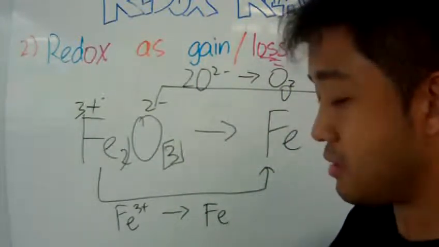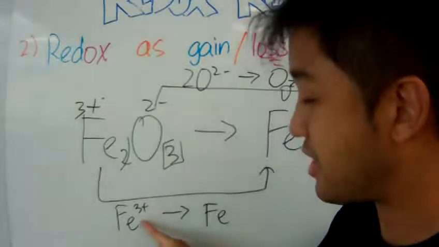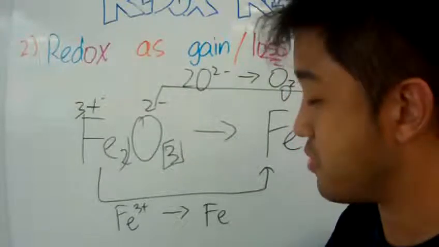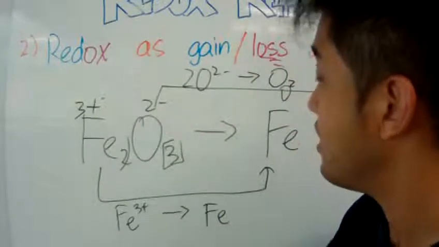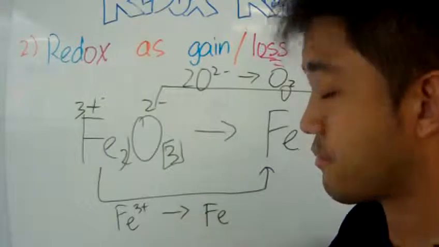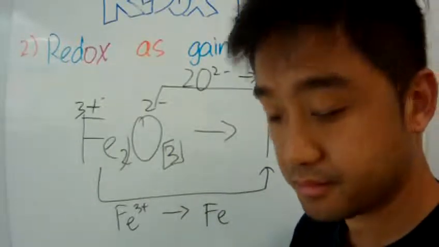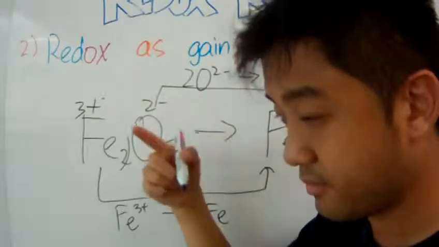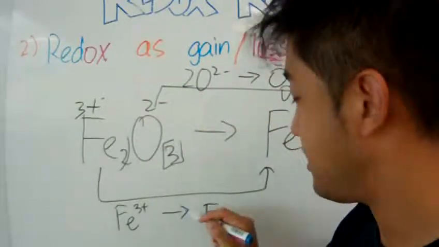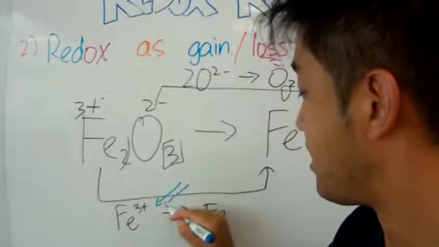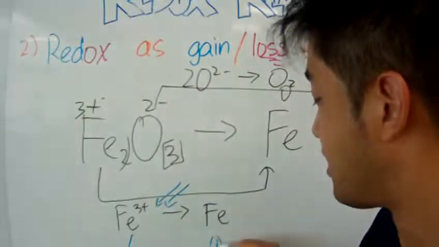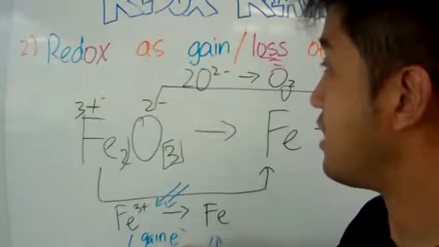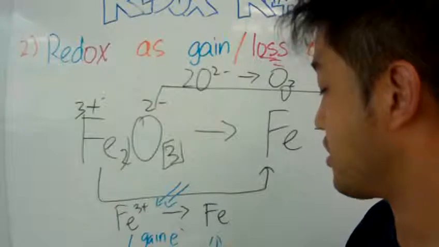For iron, when it has a +3, that means it has a deficient number of electrons, which makes it 3+. So what happens is that it actually gained electrons, right? Electrons came in, so it gained electrons. And when we gain electrons, we say that it has been reduced.